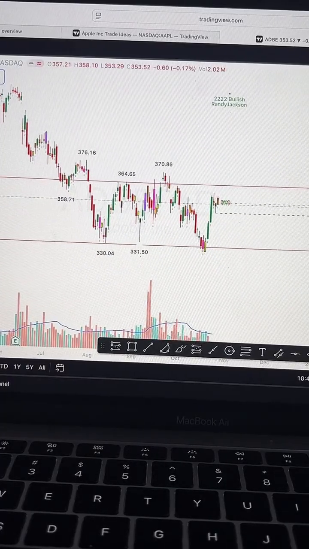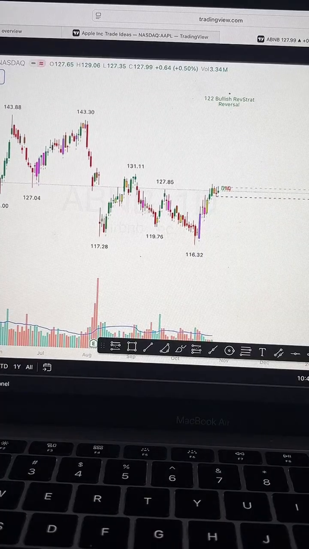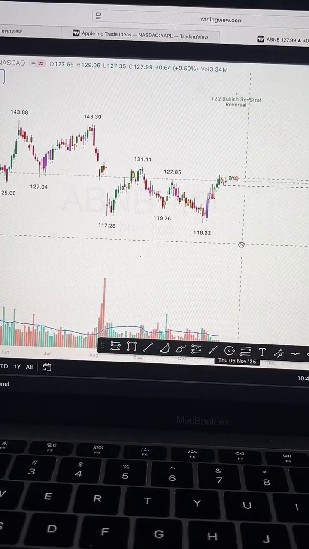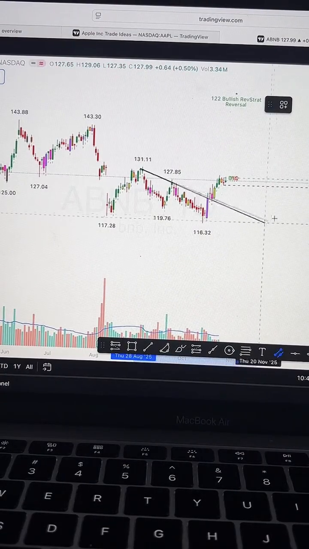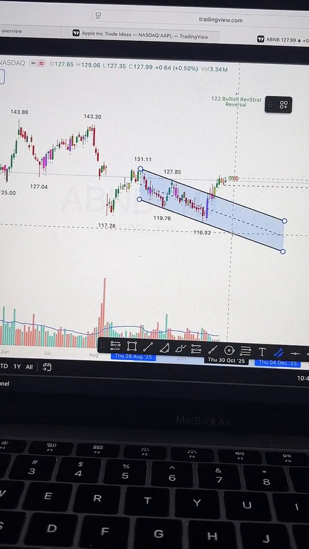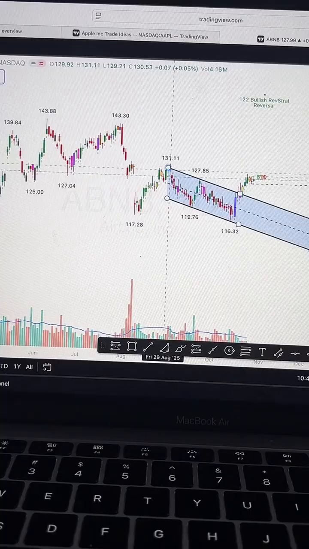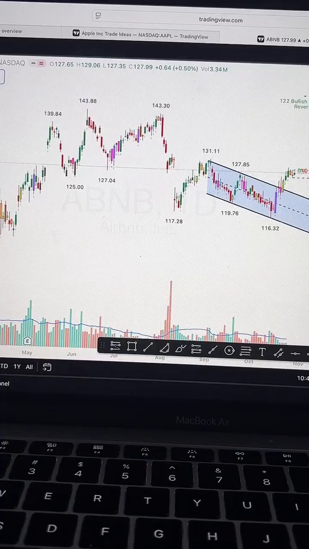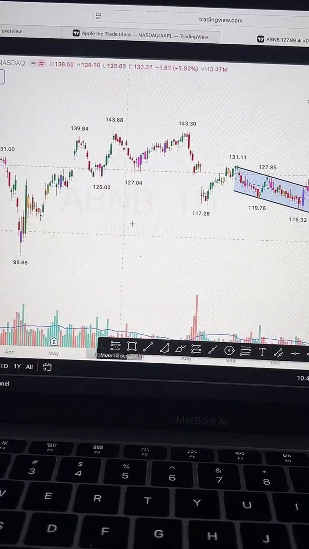Adobe, sideways. Looks like Airbnb, well, it was briefly in a downtrend. Looks like this just kind of broke out. Wait, you know what? This is kind of interesting.